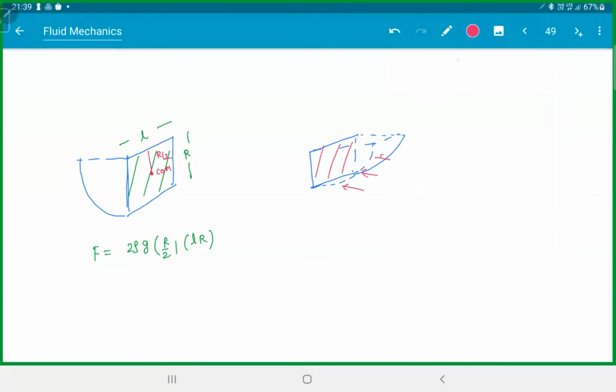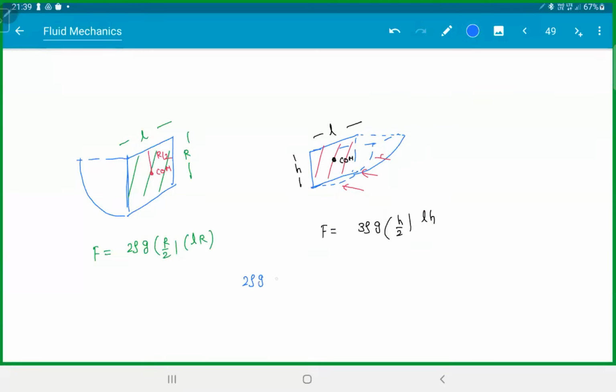This is the projected area. Center of mass is here. This height is H and this is L. So this force will be 3 rho g, height is H by 2, into L into H. These two should be equal.